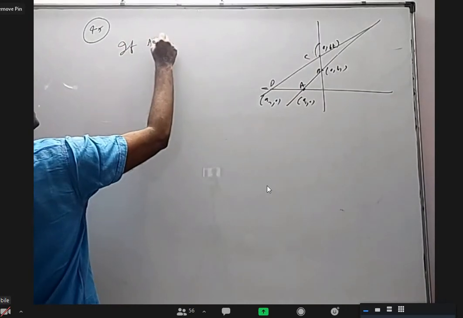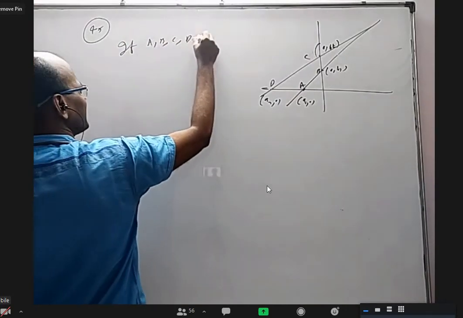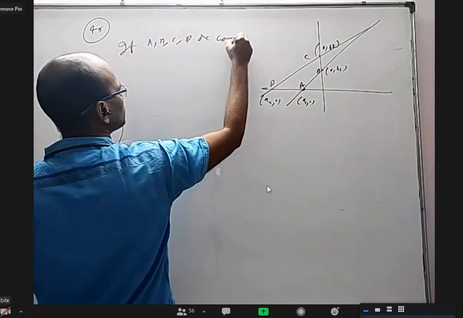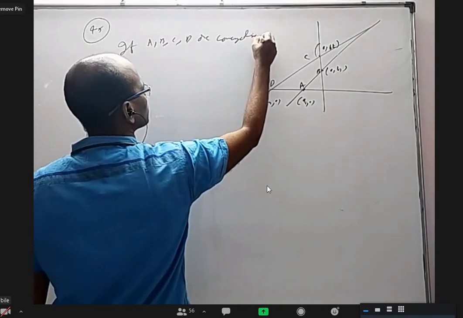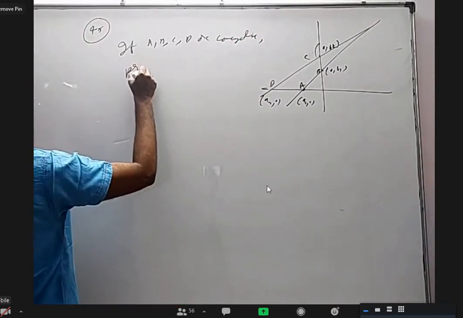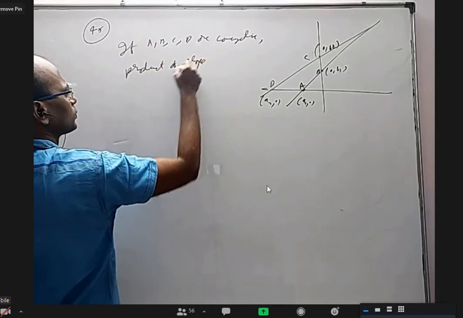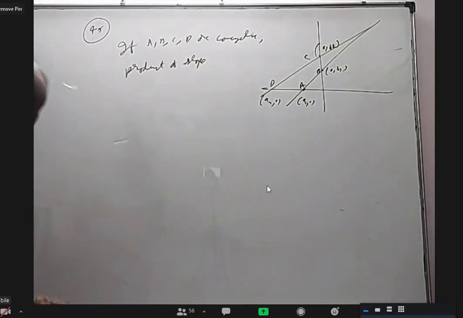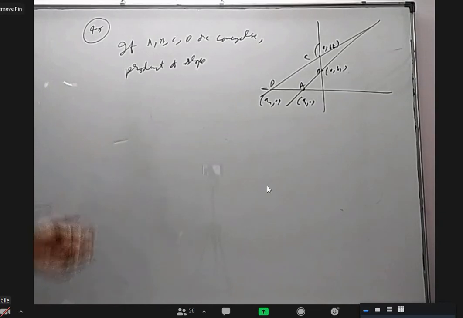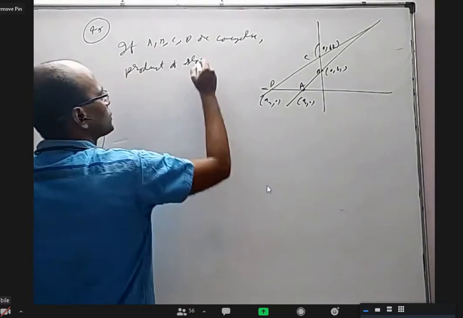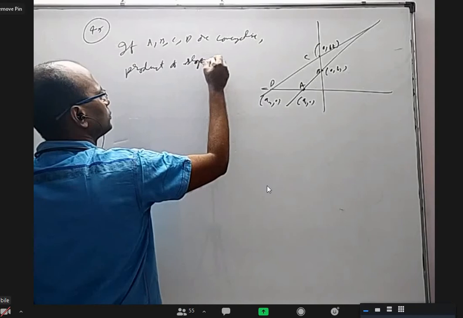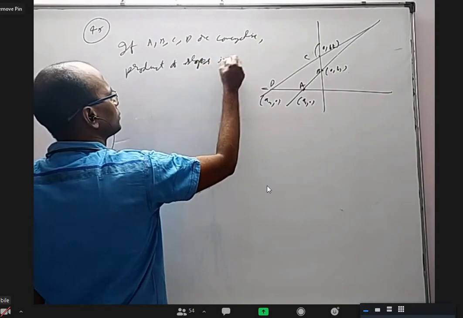If A, B, C, D are concyclic, product of slopes is equal to 1.